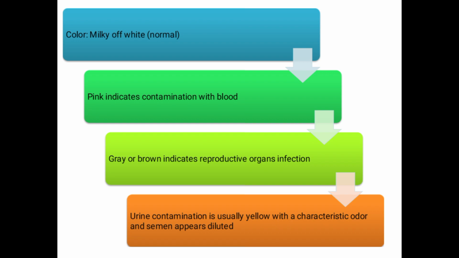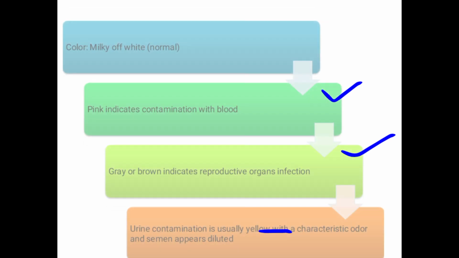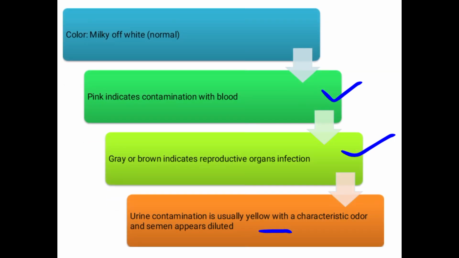For example, pink color indicates contamination with blood, while gray or brown color semen indicates reproductive organ infection, either bacterial or viral, while urine contamination is usually yellow with a characteristic odor and the semen appears diluted. So these parameters should be considered while evaluating the quality of the semen physically.